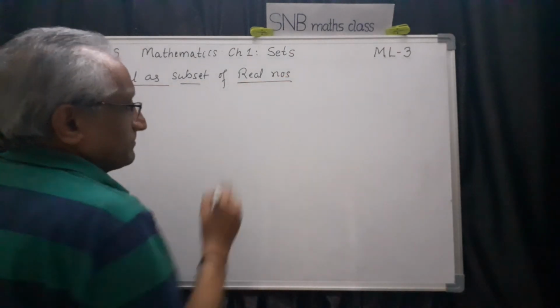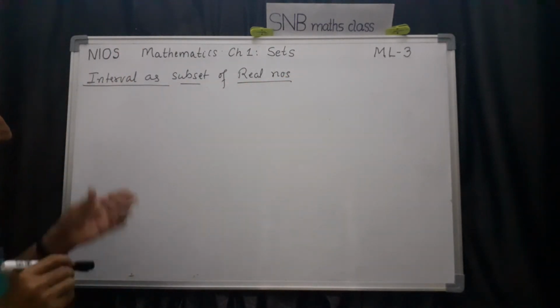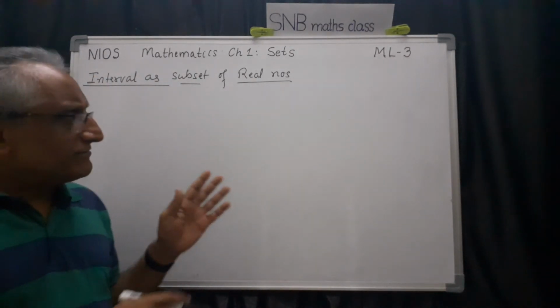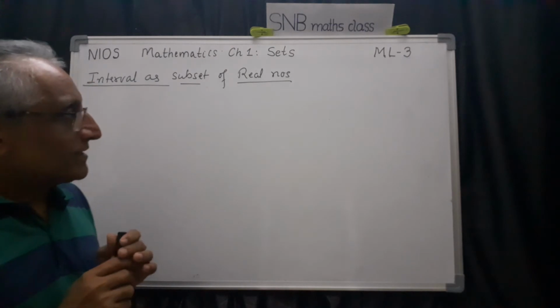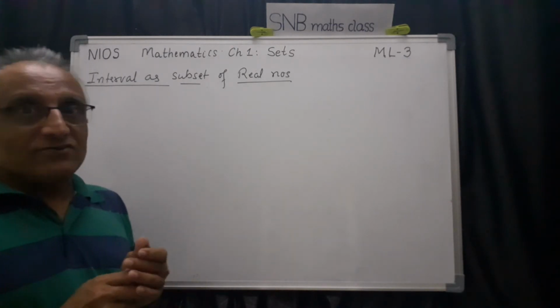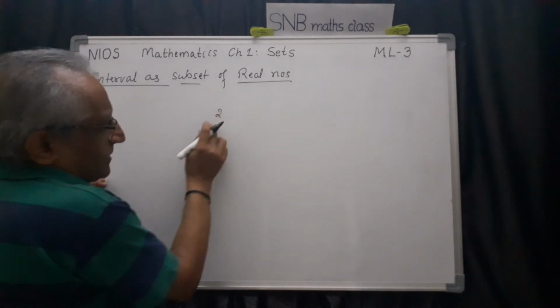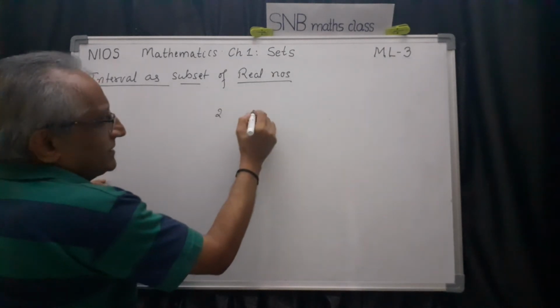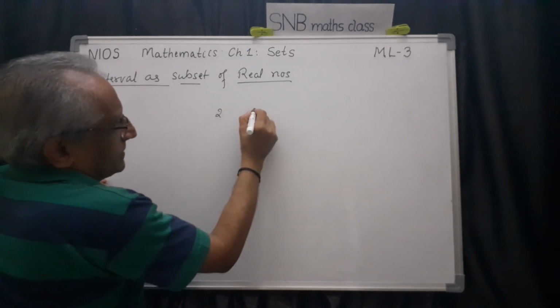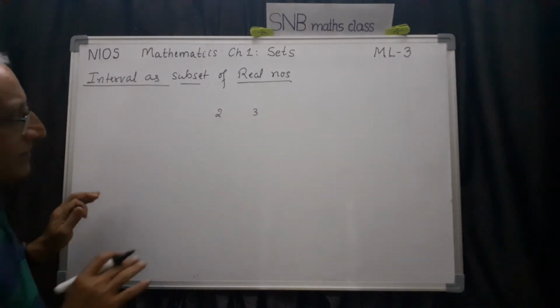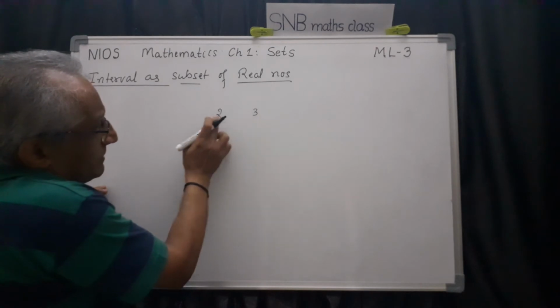First let me explain. Then if you want, you can refer to the text for the definition. I need not write the definition here actually. What is important is understanding the concept. You take, for example, 2, one number, and another number more than this, let us say 3. Definitely 2 is less than 3. Now imagine you have to take all the numbers between 2 and 3.